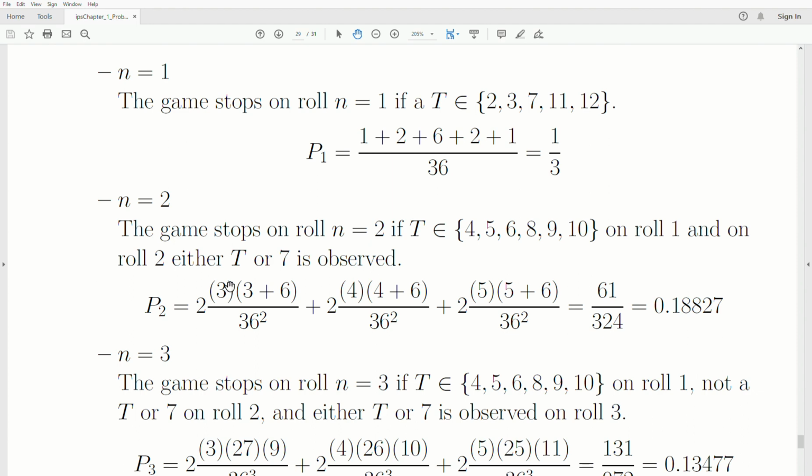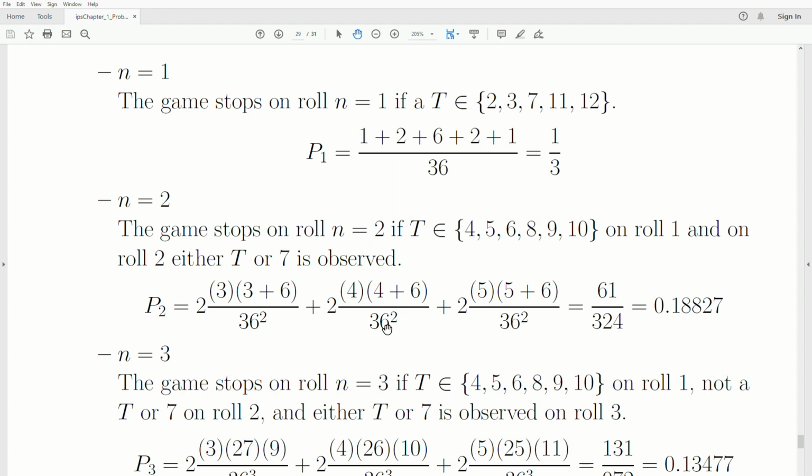So the probability that we roll a 4 on the first roll is 3 out of 36. The probability we roll a 4 or a 7 is 9 over 36, since there are 9 ways to do that. So this is the probability that the game stops if we had rolled a 4. Now a 5, there's 4 ways to roll a 5 on roll 1, and there's 10 ways to roll a 5 or a 7.